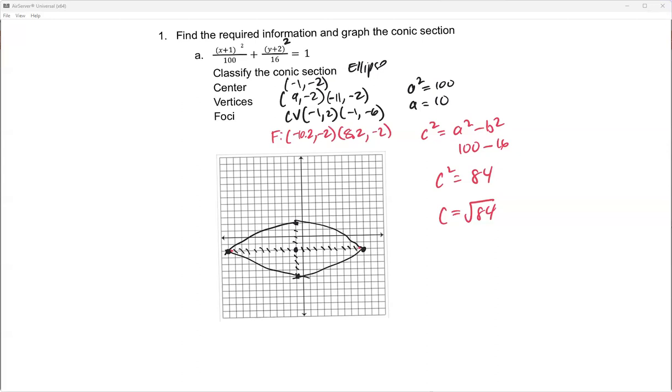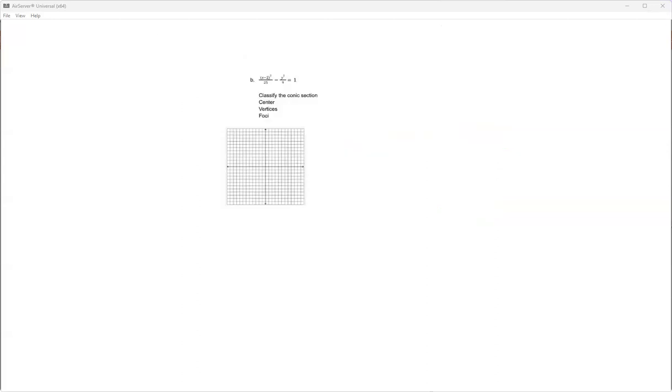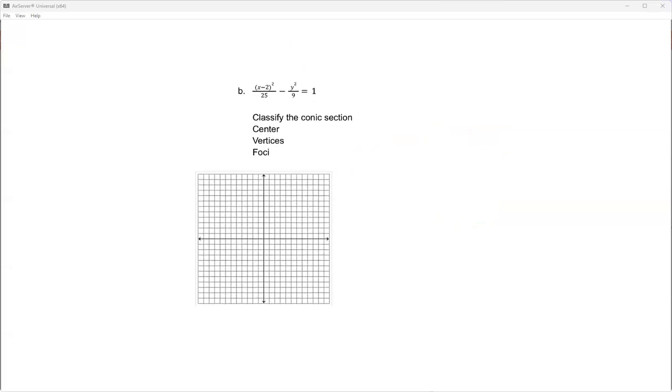All right. So letter B, this is a hyperbola. The center is 2, comma, 0. All right. So 2 zeros right here. Vertices: the x-axis is the major axis because it's the positive one.